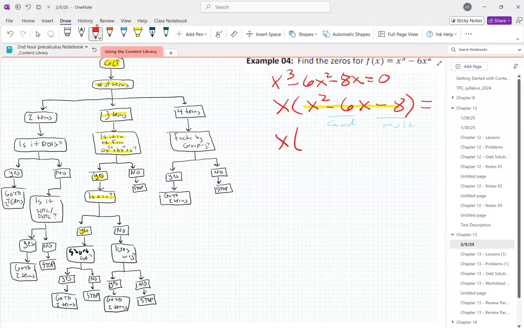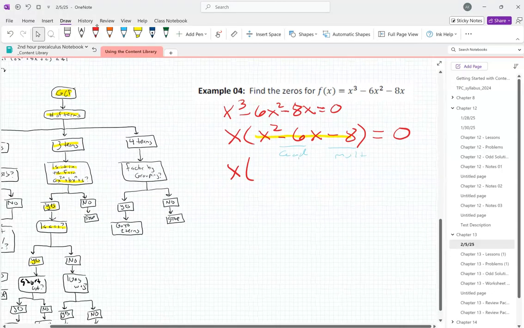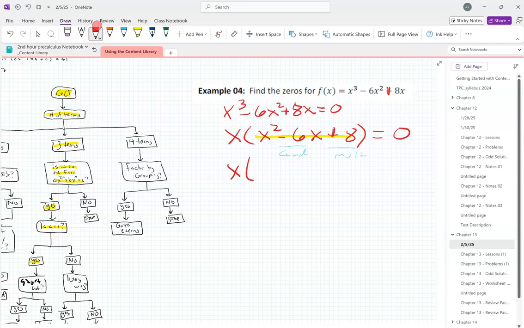Well, that's not right, because those don't multiply to give us -8. But that probably should have been a positive. That's just a mistake in the book. So let's just do that. And now -4 and -2 work.